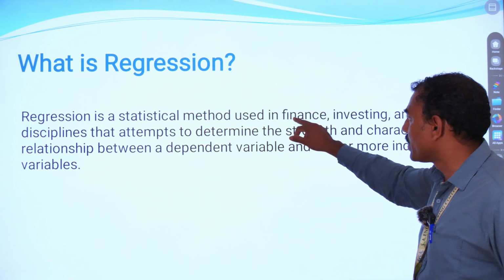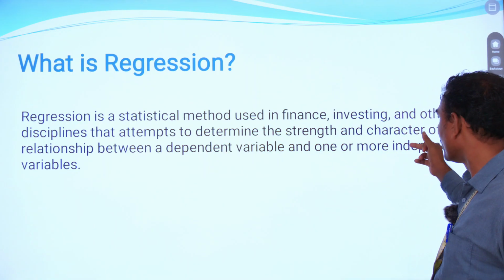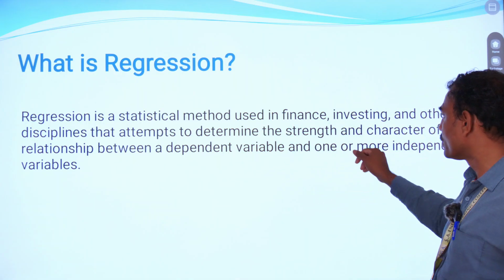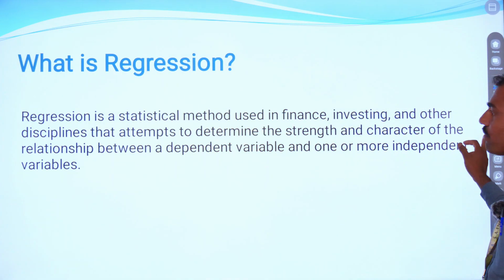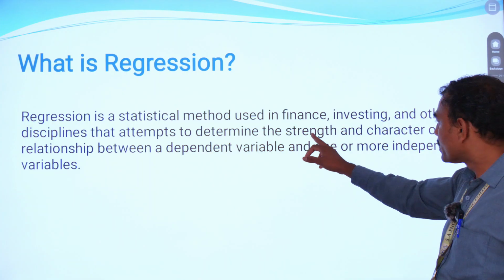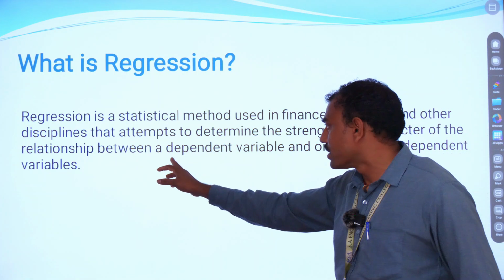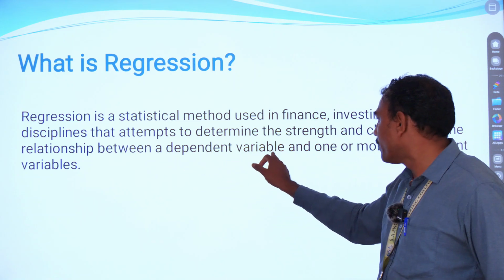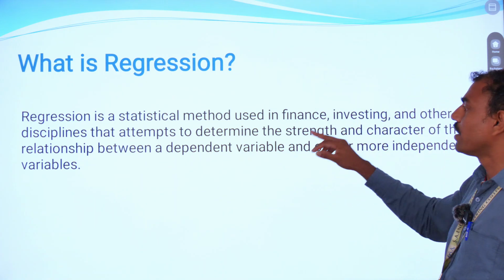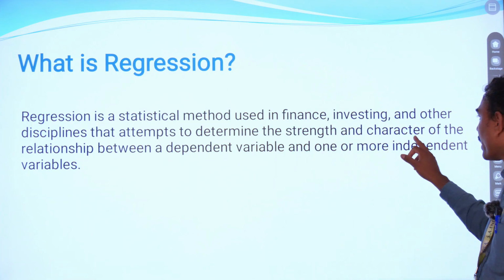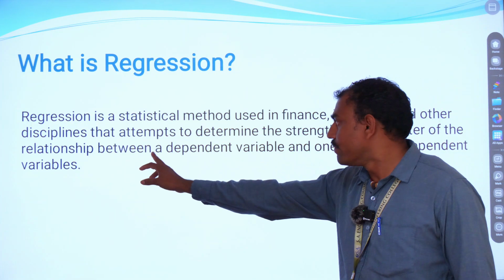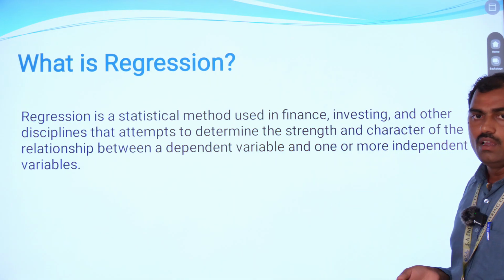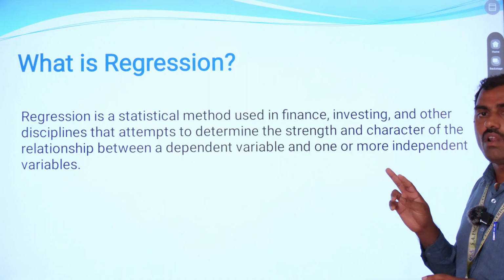Regression is the statistical method used in finance, investing and other disciplines that attempts to determine the strength and character of the relationship between a dependent variable and one or more independent variables. So in correlation, both are treated equally.